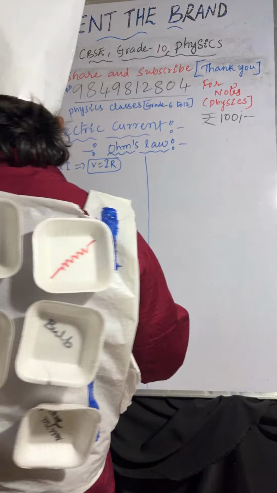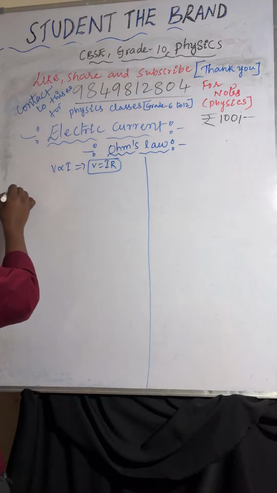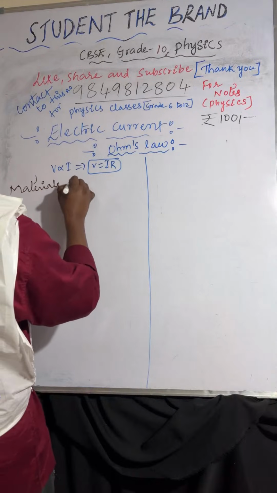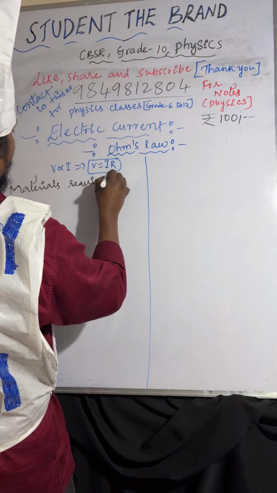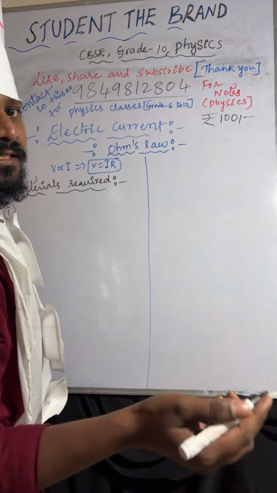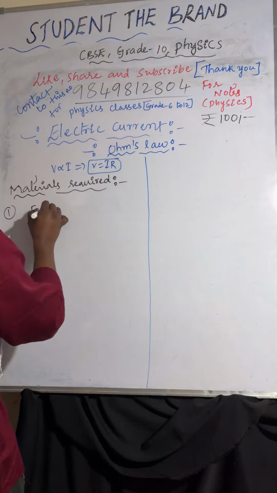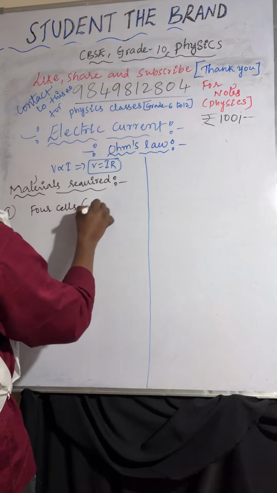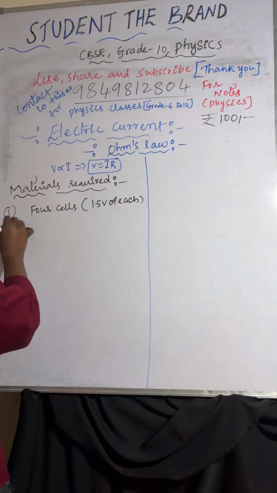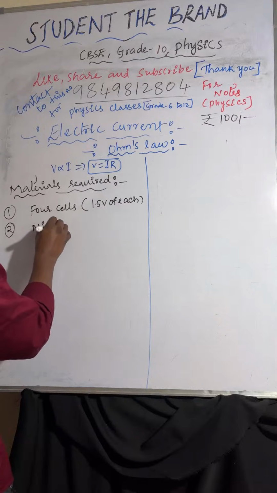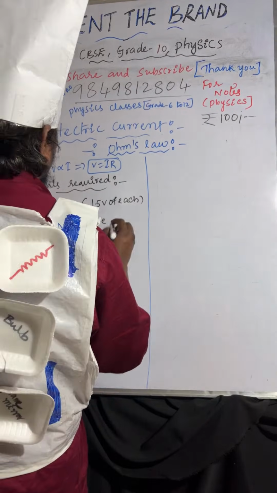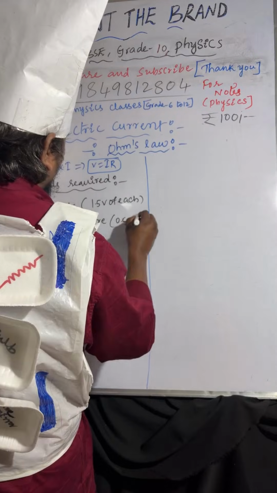Now the materials required. First one is 4 cells, each cell of 1.5 volts. Second is nichrome wire, an alloy of nickel, chromium, manganese and iron metals, of 0.5 meter length.